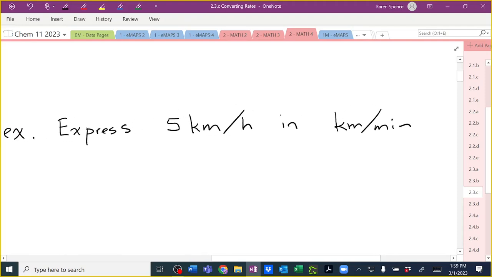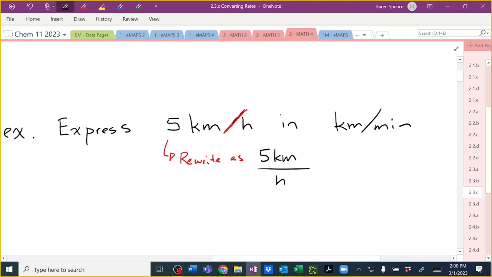And the first thing I'm going to point out to you is that very often it will be written per hour like that. You do not want to leave it like that. You want to rewrite it as 5 kilometers over hours.